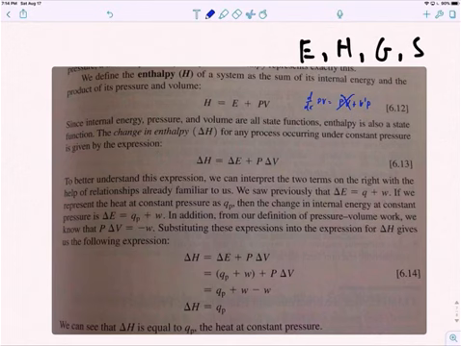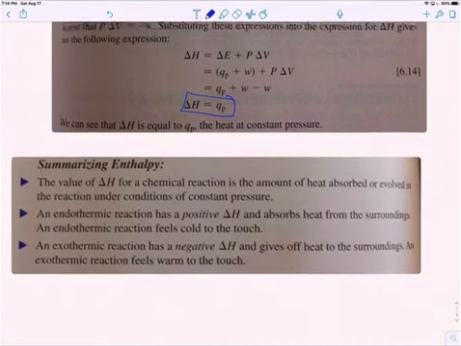And then if you apply the first law, so the first law is heat flow plus work, taking this term and applying the first law of thermo, under constant pressure the enthalpy is the heat flow. And quite frequently, enthalpy is referred to as the heat of reaction because of that.